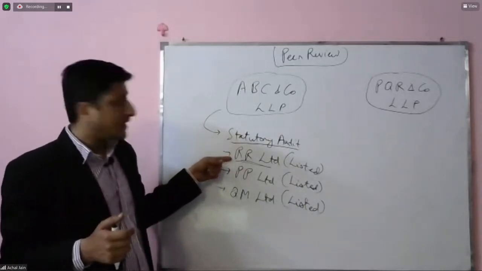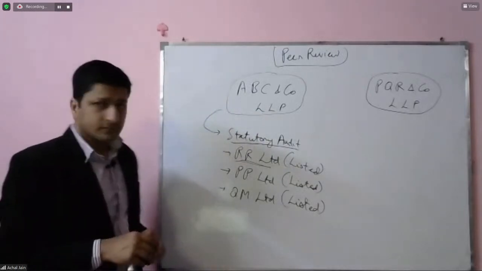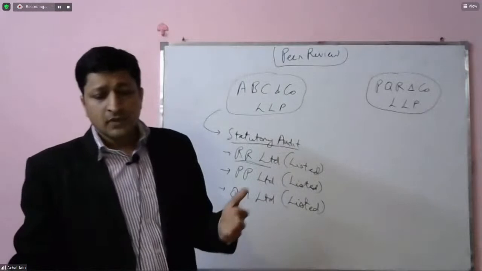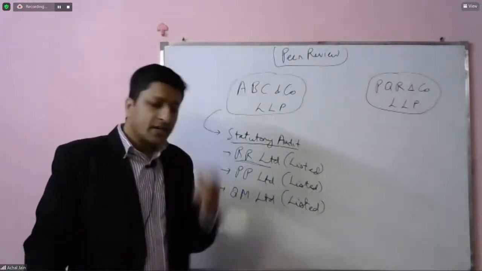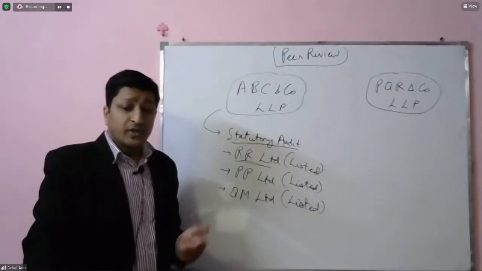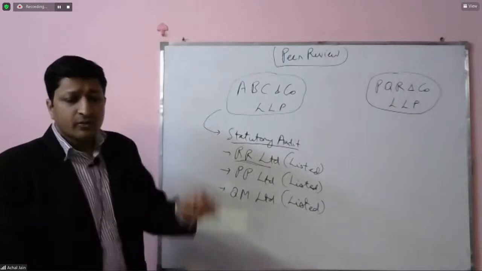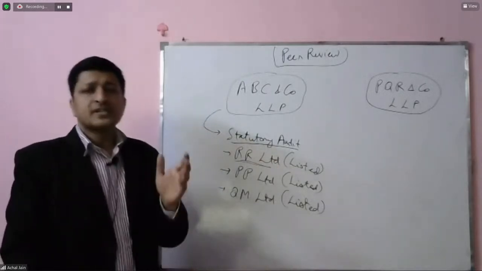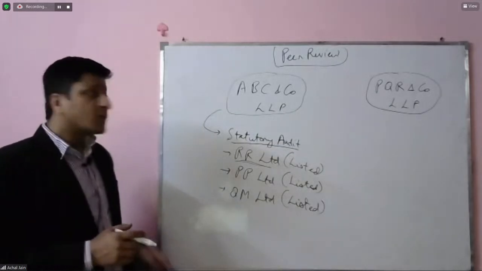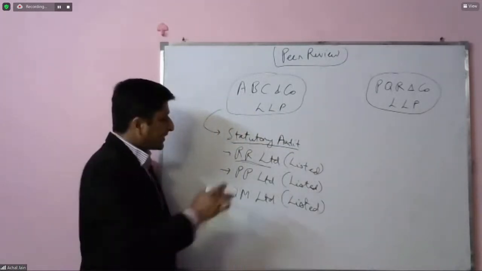RR Limited is the client of ABC and Company LLP. And this is something which we have understood so far. So far in all of the auditing standards, in all of various types of activities that we have discussed, we used to discuss that an audit or a verification or an examination or investigation or whatever be the type of verification was done, that was done by a professional firm in relation to a client.